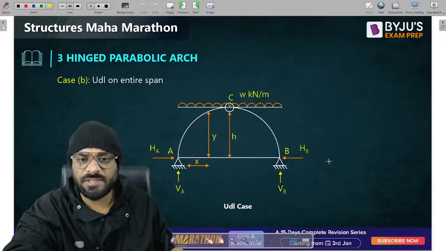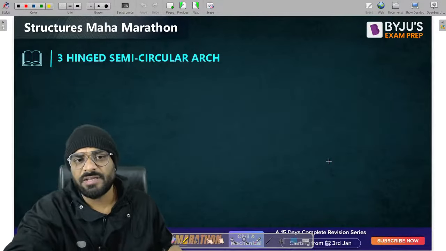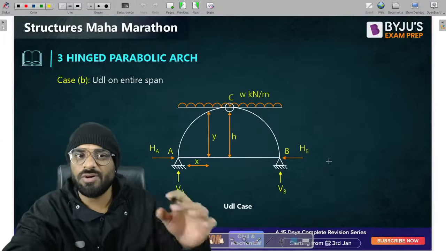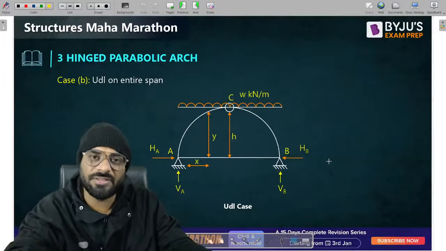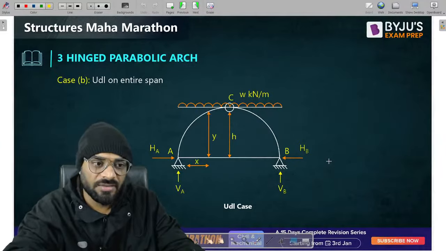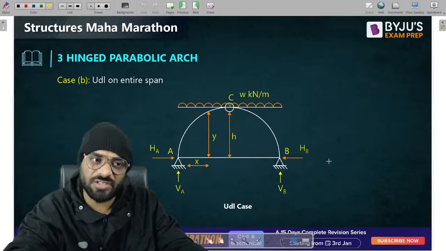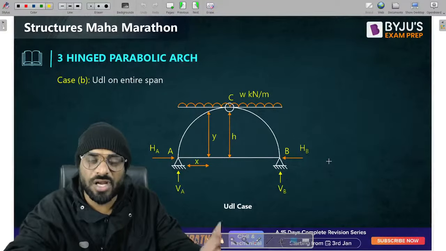Guys, we are discussing the standard case, and these standard cases are very important. Why? Because they can ask you directly in the exam what should be the horizontal thrust. So if you remember this, then you are able to answer the question easily, right? But suppose you don't remember the value, then you know the solution and the approach, how to do it.